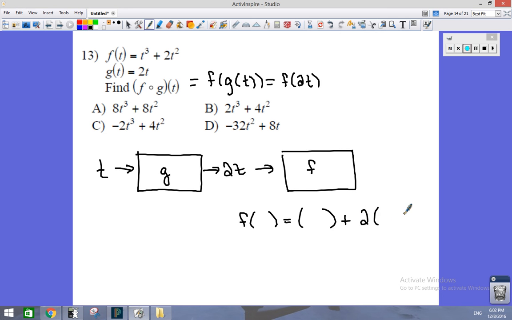But for the first number, it takes the input no matter what it is, and it cubes it. And then it adds 2 times the input squared. Well, we're giving it an input of 2t. So everywhere we see this t, we replace it with 2t.